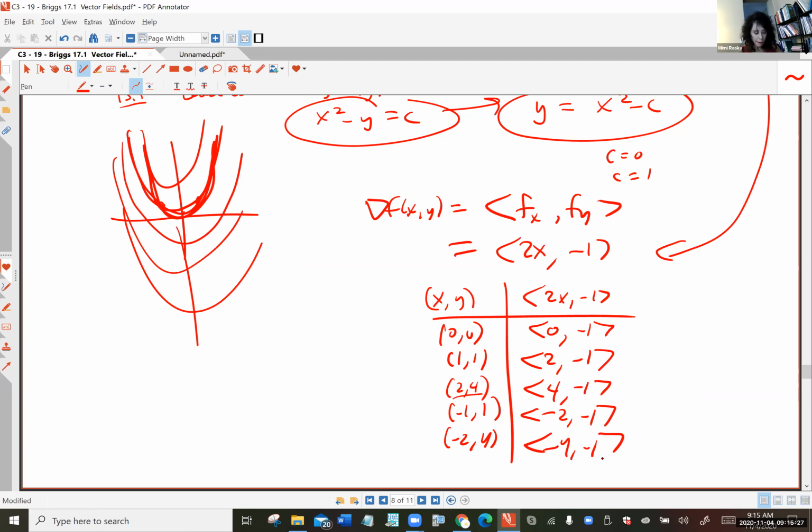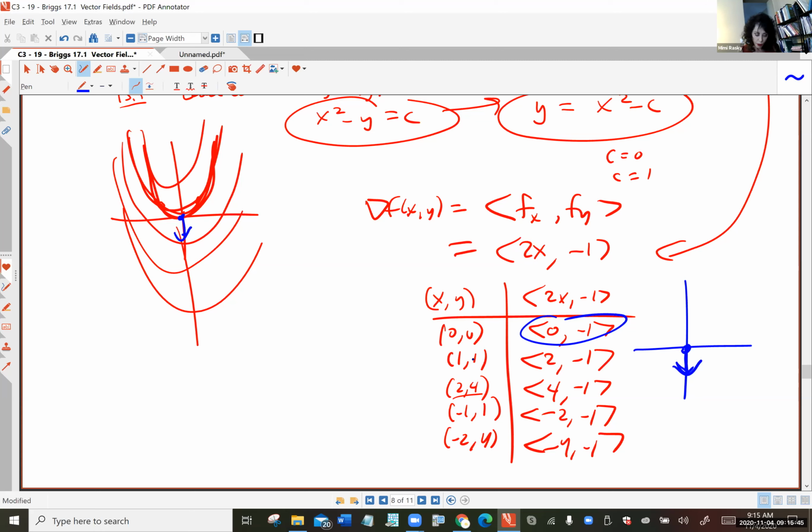Okay, fine. So you'd go in here and you'd start graphing. You have to be careful because you have to maintain the integrity. Like this vector, if you graph it in standard position, it's pointing down and it only has a magnitude of 1. And it corresponds with (0, 0).